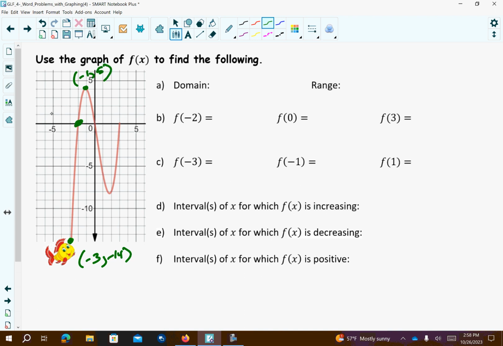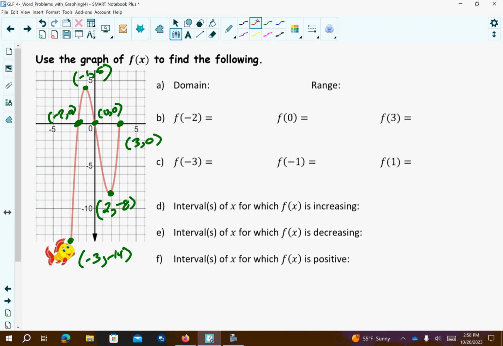This point right here is -2, 0. This point right here is 0, 0. This point right here, let's just say that it's exact. So that's going to be 2, -8. And then this point right here looks to be 3, 0.